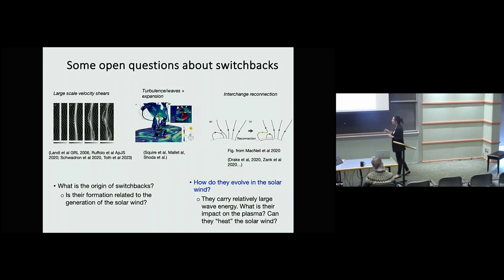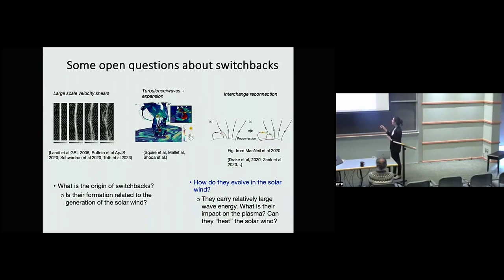Other groups instead have argued, and also shown with simulations, that you can get switchbacks starting from a bath of Alfvénic fluctuations, and then you can have either velocity shears that drag the magnetic field, and that's how you can get switchbacks, or the expansion itself of the solar wind can drive the formation of these switchbacks.